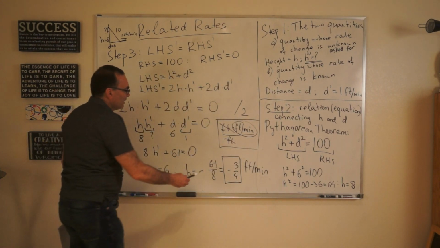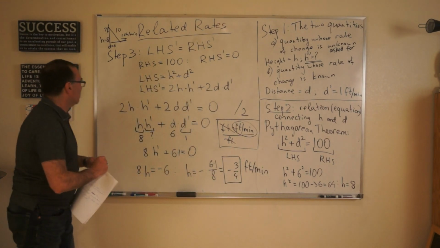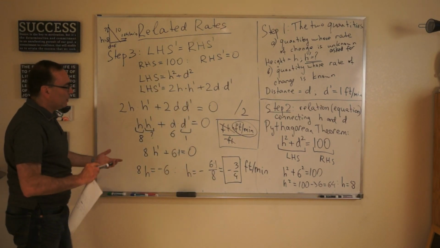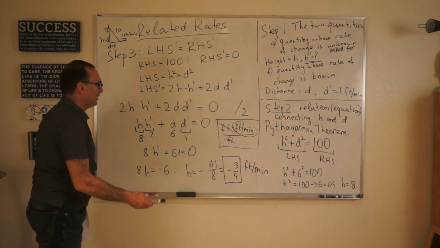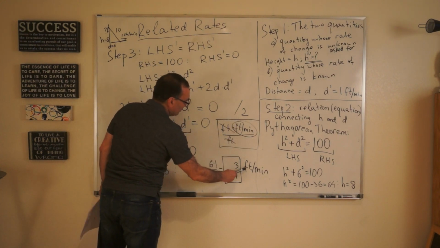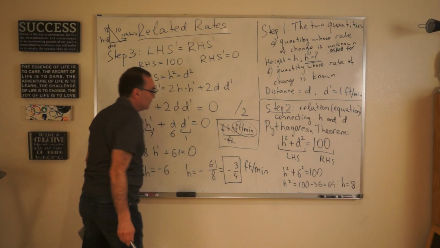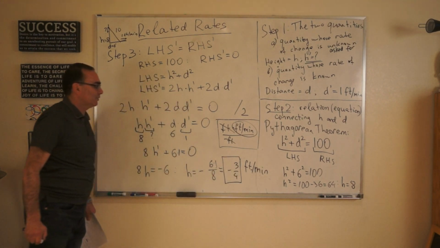Like I said before, you can tell that from common sense. It's a speed of movement, and speed must be measured in feet per minute. Or, if you don't like that, you perform the formal calculation of units, and you come up with the same. So the answer is negative 3/4 feet per minute.